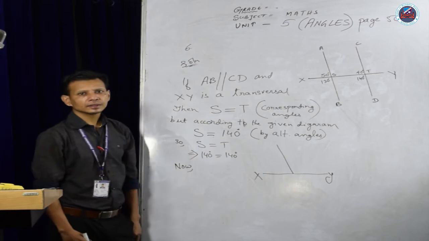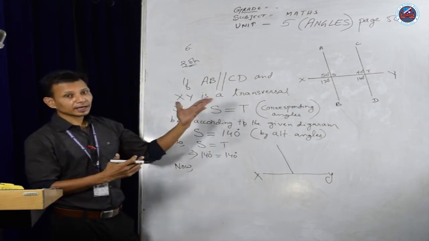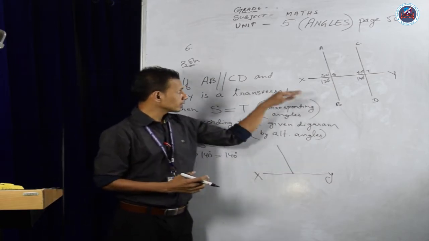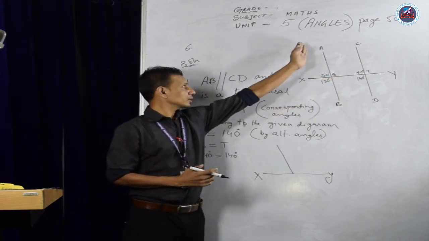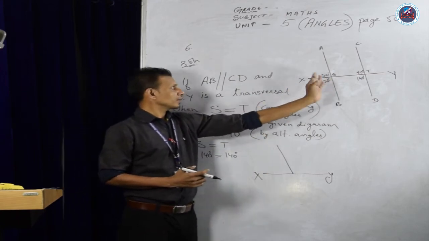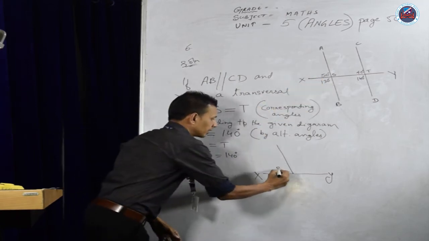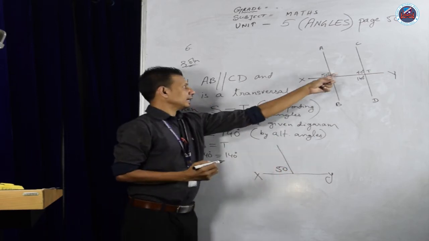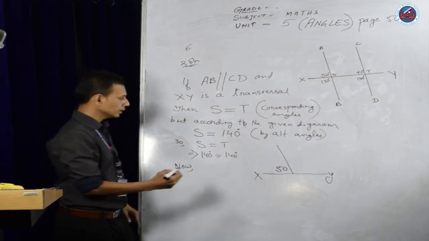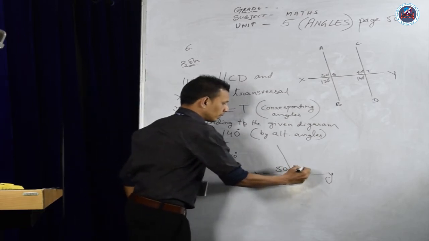I'm breaking the diagram into small pieces to make you understand. XY is one line going this direction. You see that? And here you have 50, here you have 50. And next is S. S is 140.